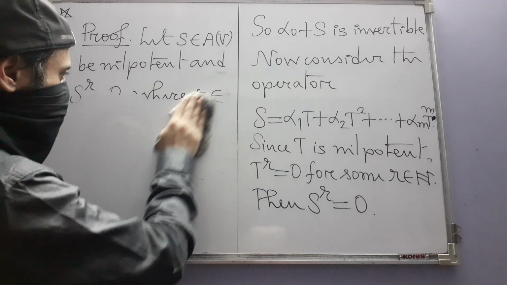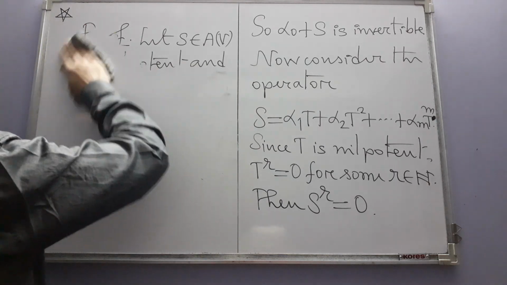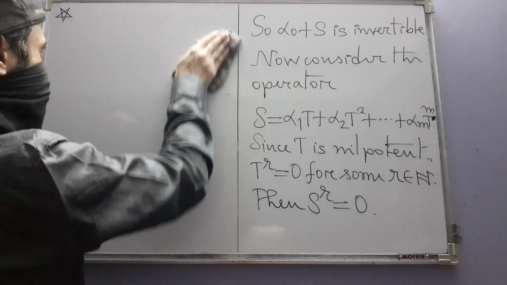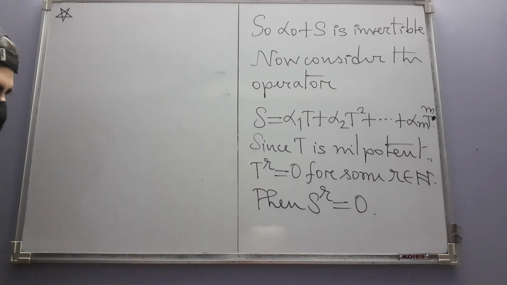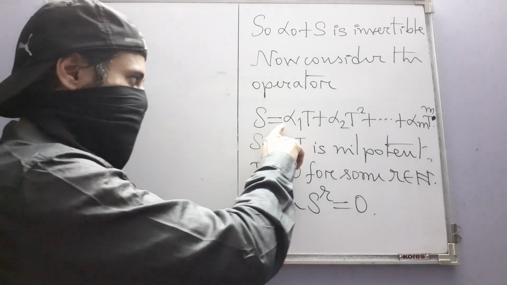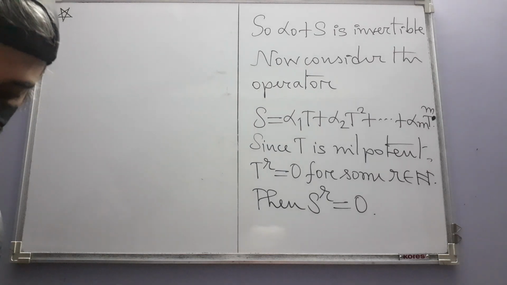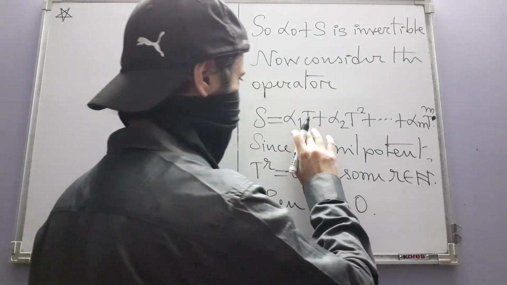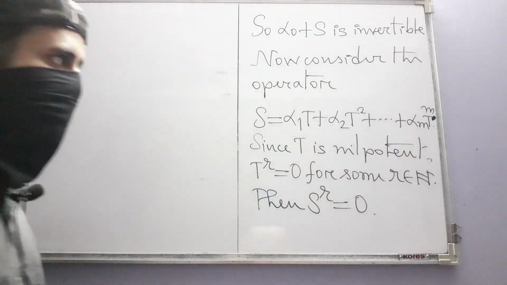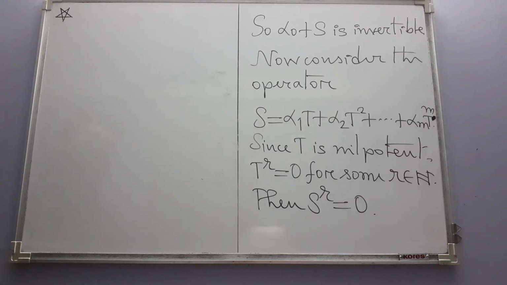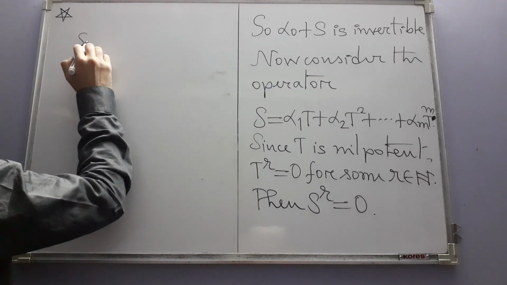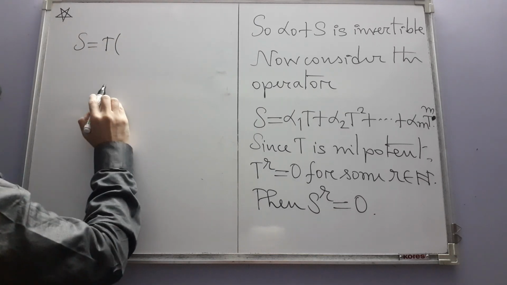But why is that true? You look at S, what S is carefully. You can see that each term has T, right? So you can take one T common out.